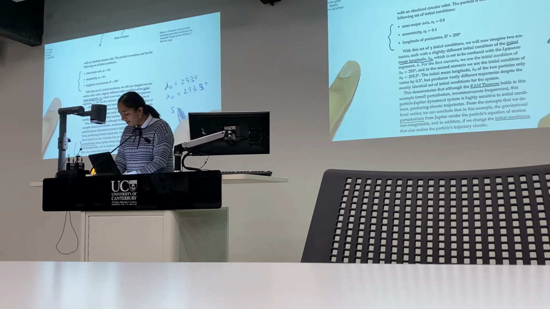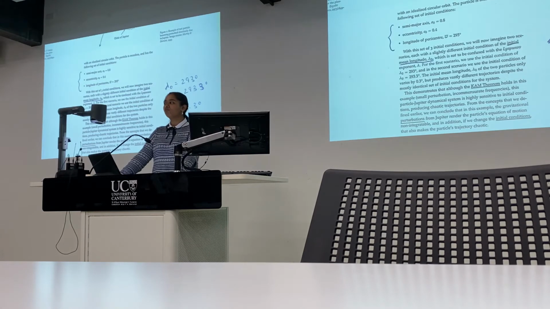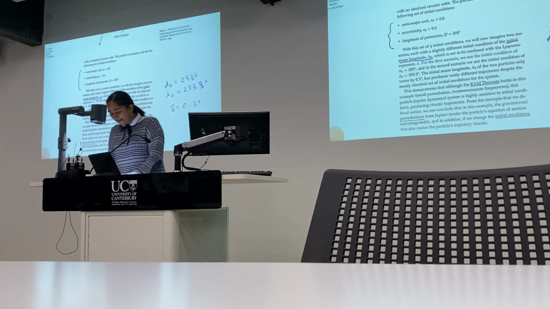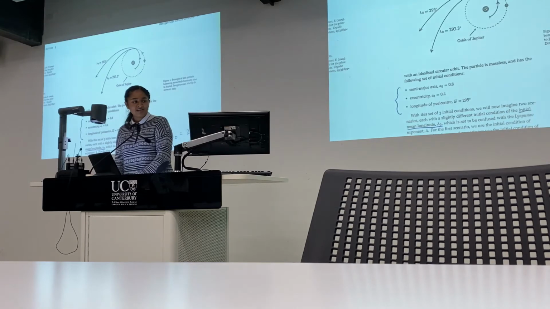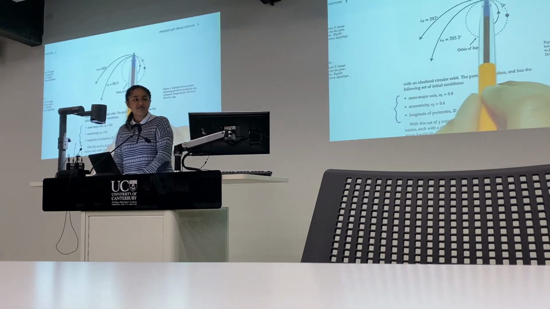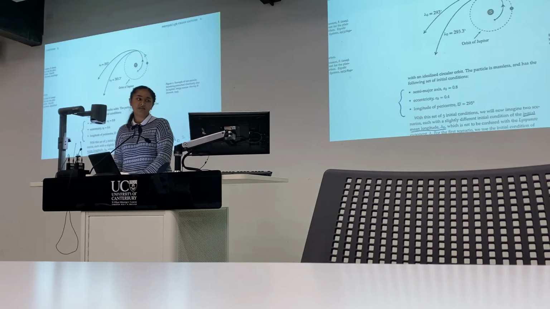This is only a difference of 0.3 degrees. Would you say this is small? Yeah, it is small. It's very tiny. It's a very, very tiny perturbation. But what we get is that despite having these three fixed initial conditions, but just changing one of the initial conditions, it still produces very different trajectories for the test particle, despite this tiny little perturbation.